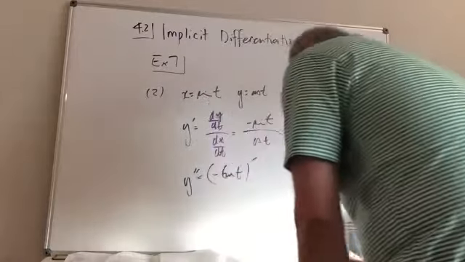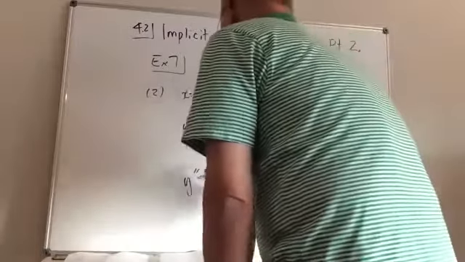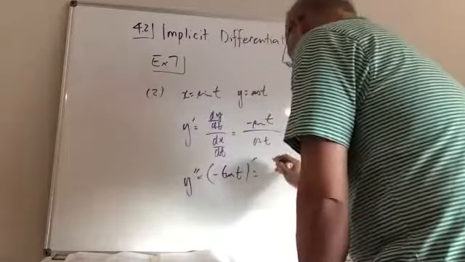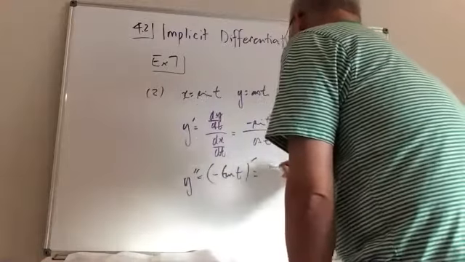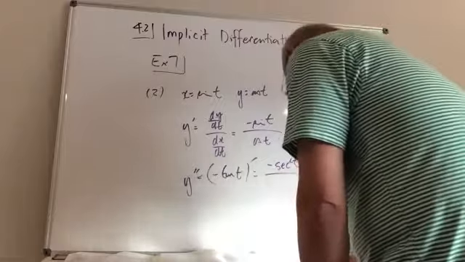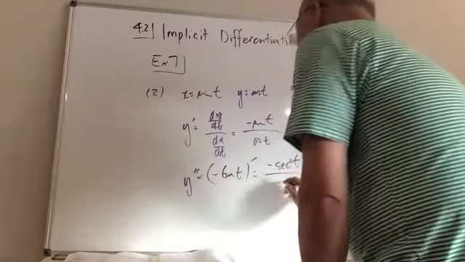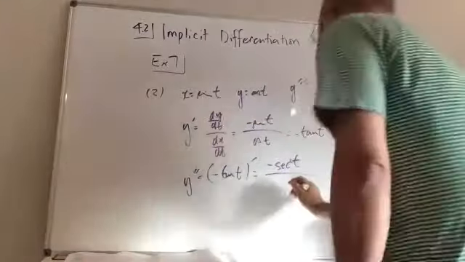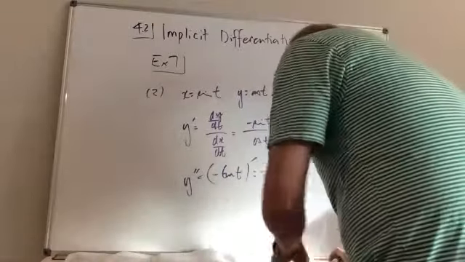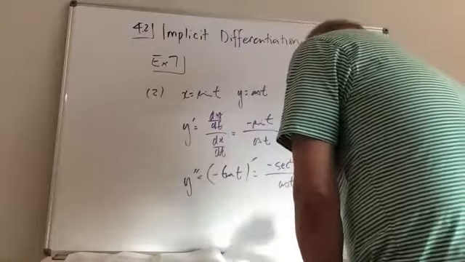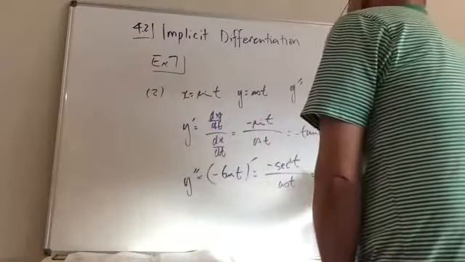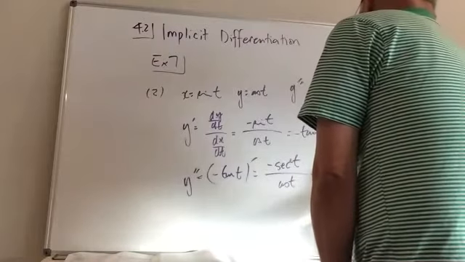The derivative of negative tan t is negative secant squared t over dx dt, which is cosine t, right? Cosine t right there. So we're going to get, this is secant again, negative secant cubed t.